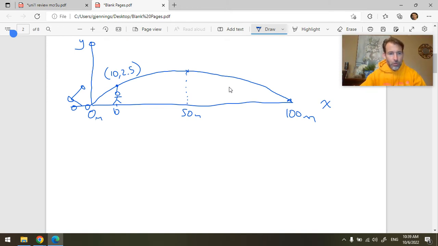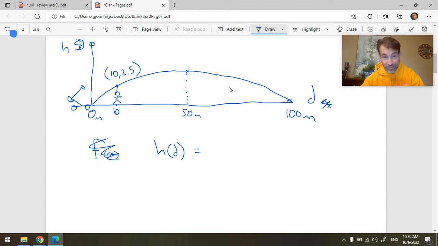So we would say that f of x, or no, let's not use f of x. Let's use height is a function of distance. This is now the distance axis, and this is the height axis. So the height of this balloon is a function of its distance, and that's equal to some value a that I know is negative and very, very shallow, multiplied by x minus the first root, multiplied by x minus the next root.